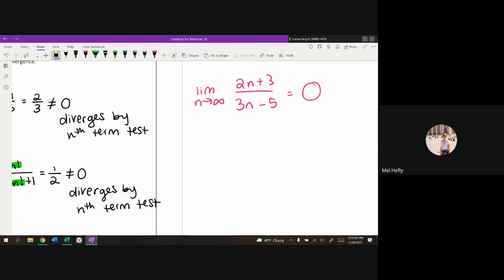What if I put the squared up here? Converge, diverge, don't know. Is that 0? No. Diverge. Yes. So same power ratio, top heavy, infinity, bottom heavy, 0.